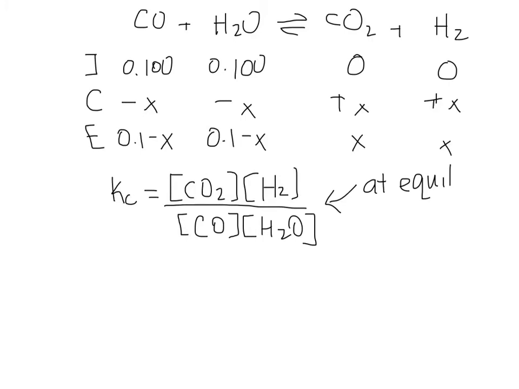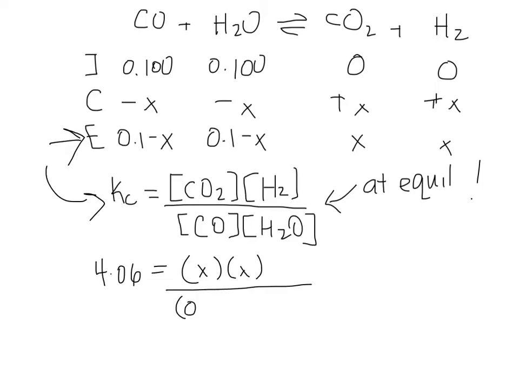That means that we are inserting this row into our Kc expression to solve for X. Problem told us Kc was 4.06. We know that CO2 and H2 are both X. And we know that CO is 0.1 minus X, and so is water.